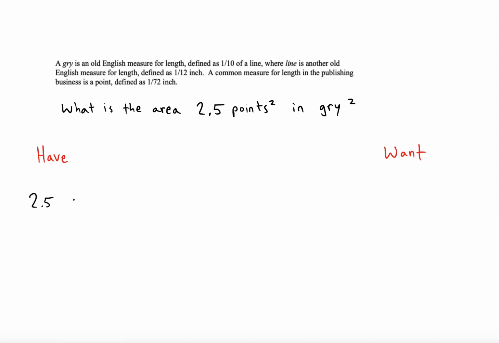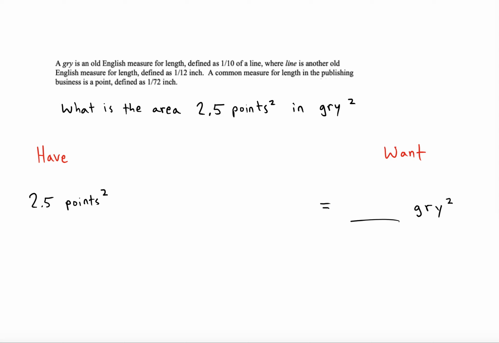So 2.5 points squared is like our starting point. And then they're asking us for the area in GRY squared in the end. And we're just not sure what number gets associated with that, right? And that's the whole point of the conversion.